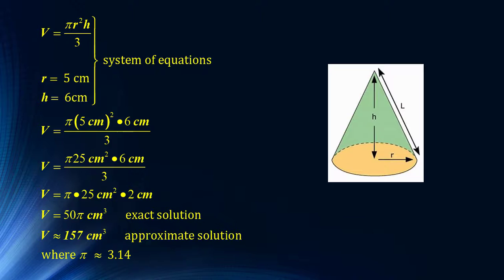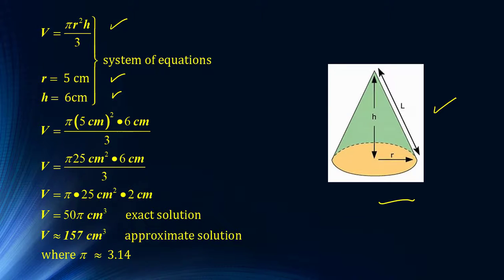It's always good whenever you're working with formulas like this to keep somewhere nearby a visual to help you understand what's going on. So we start with pi r squared h over 3. That's the formula. We're given, in this case, that the radius of the base equals 5 centimeters. The height equals 6 centimeters.